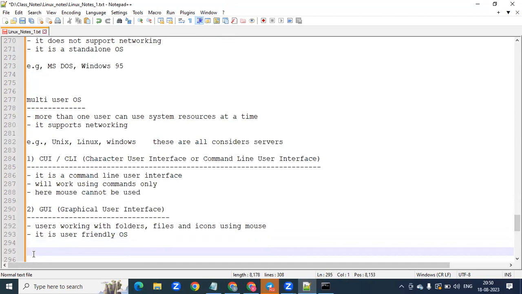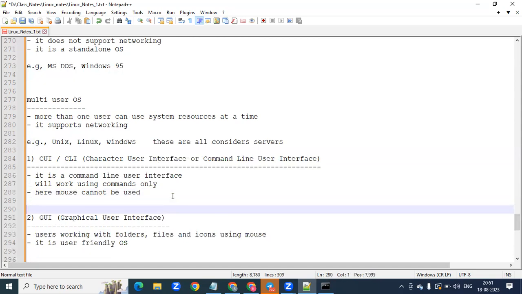Coming to the first, under command line user interface, which operating systems come under single user and which come under multi-user, we'll see under that.